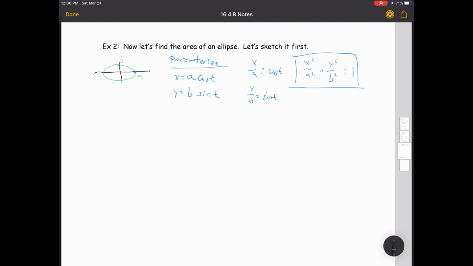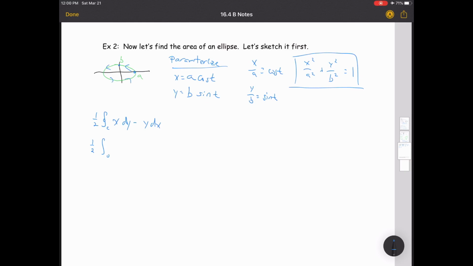Anyway, in this case we're going to use those because we're going to do our line integral of 1/2, or 1/2 of the line integral of x dy minus y dx. So let's see, we're going to have 1/2. Once again, this thing is going to go all the way around from 0 to 2 pi. We already checked to see that it traverses the correct direction, which it does.